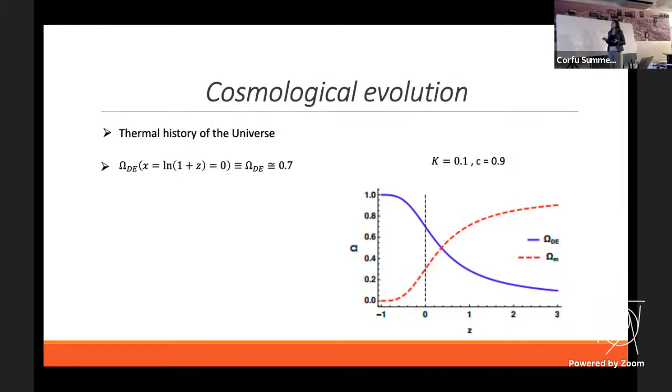So here we have the thermal history of the universe, and this graph tells us the obvious: that we live in a dark energy dominated universe.